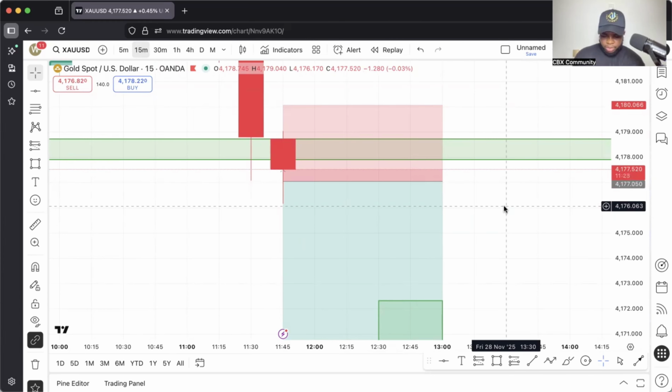Don't forget, I'm risking 30 pips. So this is my stop loss. I'm risking 30 pips. So I'm in a position already.